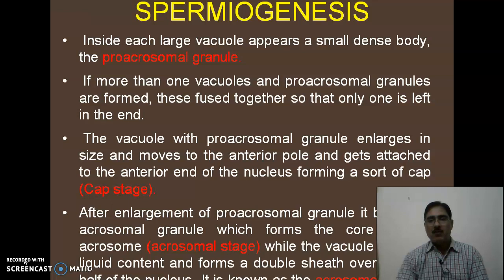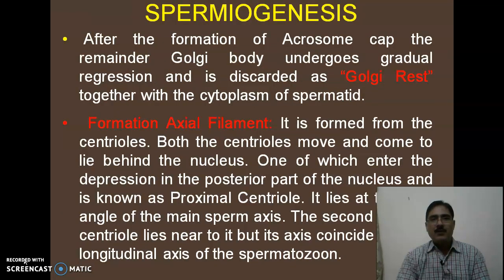The vacuole loses its liquid content and forms a double sheet over the anterior half of the nucleus, known as the acrosome cap. After the formation of the acrosome cap, the remainder of the Golgi body undergoes gradual regression and is discarded as the Golgi rest together with the cytoplasm of the spermatid.